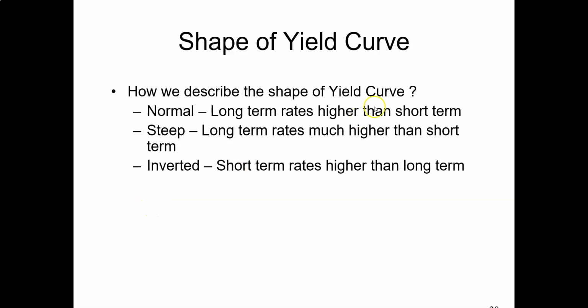If we say the shape of yield curve is inverted, we are talking about the short-term interest rate higher than the long-term interest rate. Sometimes we say the shape of yield curve is flat, then we are talking about the fact that the long-term interest rate and the short-term interest rate are similar.